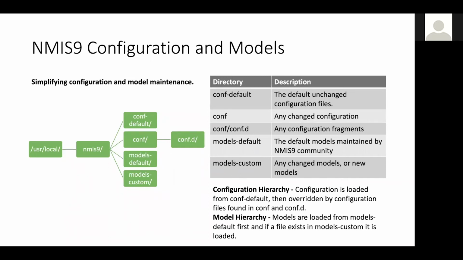If you've modified a configuration, or you're going to go to the CLI and do this from the CLI, you should copy that services.nmis from conf-default into conf, make your edits, and now we know and you know that you've modified the configuration. So really important, very simple idea: conf-default is the default configuration. If you've modified something, you see it in that conf directory.